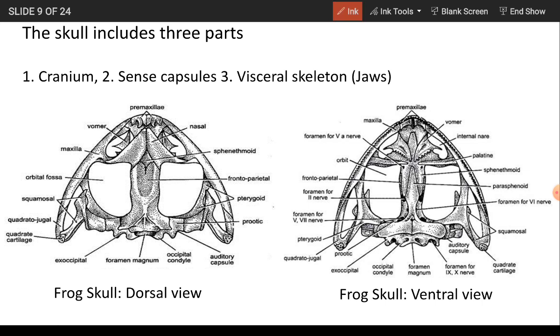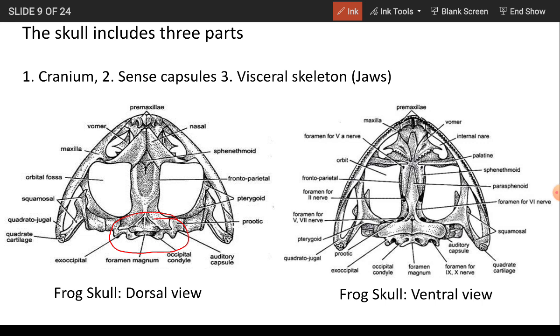The cranium. The cranium consists of the occipital segment. This is the occipital segment on dorsal side of the posterior end.